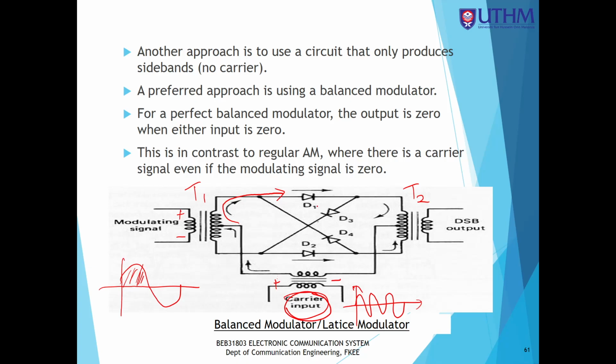D1 will be closed circuit, and D2 also, the current will go like this. So D1 and D2 will be closed circuit, and D3 and D4 will be open circuit.